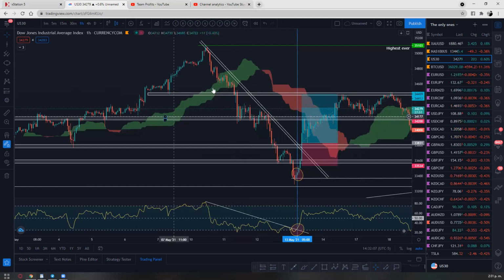When you see the cloud crosses above, and now the cloud is actually above the price, so when the price comes below the cloud, we're looking only for sales. And when the price is above the cloud, like in this case, the cloud is below, the price is above the cloud, we're looking only for buys. That's pretty much the indicator. That's what the indicator tells you, right?